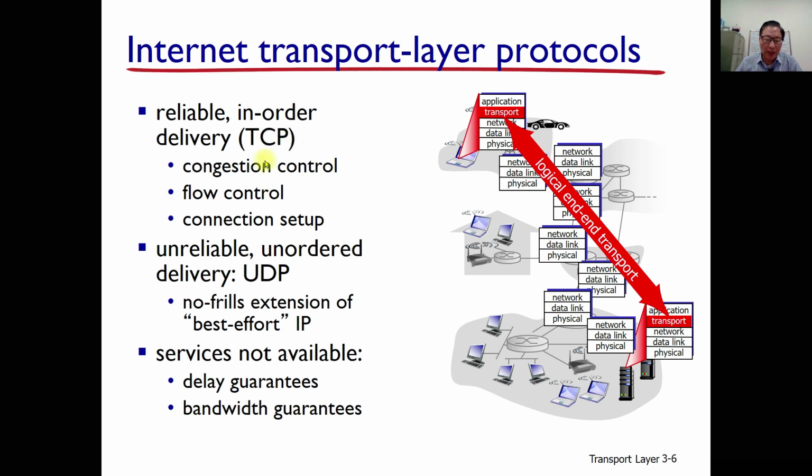But instead, a more simplified one is the UDP protocol, which provides unreliable and unordered delivery. That is called user datagram protocol. It is like a no-frills extension of the best effort internet protocol.